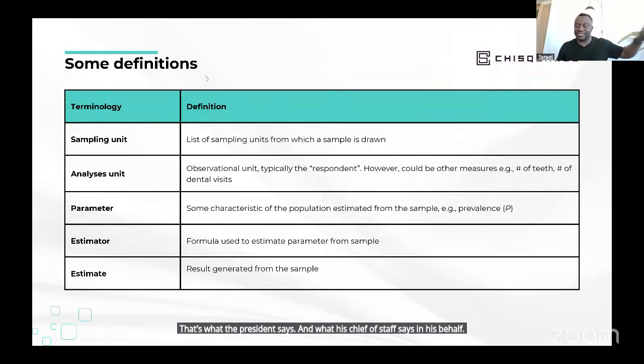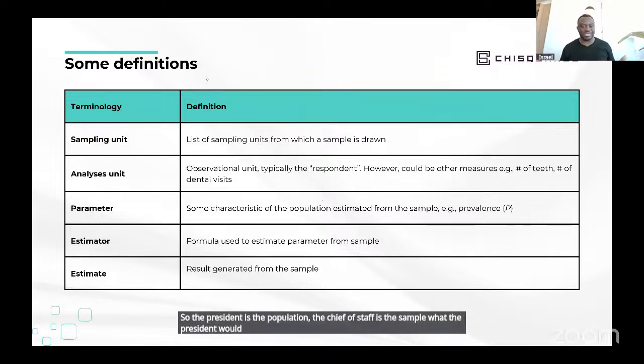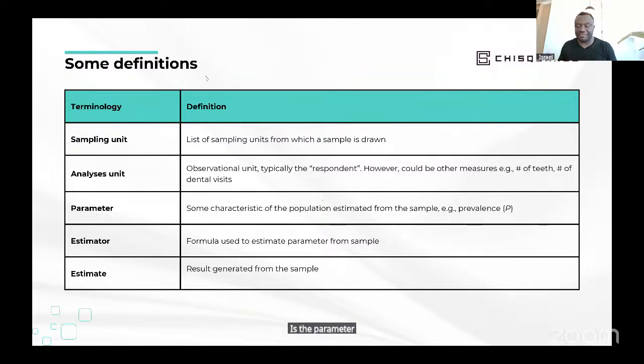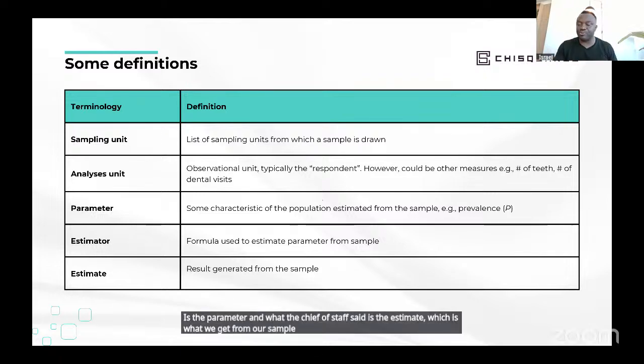The president is the population, the chief of staff is the sample. What the president would have said, which we never know because we didn't speak to him, is the parameter, and what the chief of staff said is the estimate, which is what we get from our sample. This is just a simple way for us to understand how these things map together.